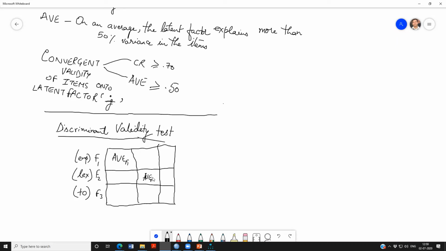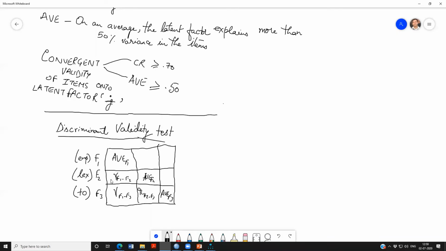So this is AVE F2 and this is AVE F3. And then I have R, the correlation of factor 1 with factor 2, the correlation of factor 1 with factor 3, and the correlation of factor 2 with factor 3.